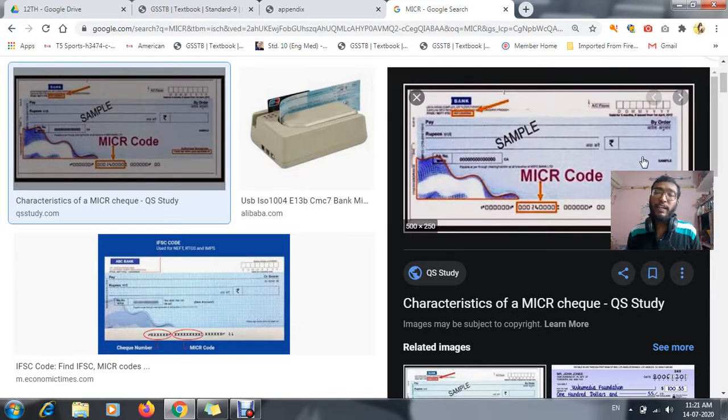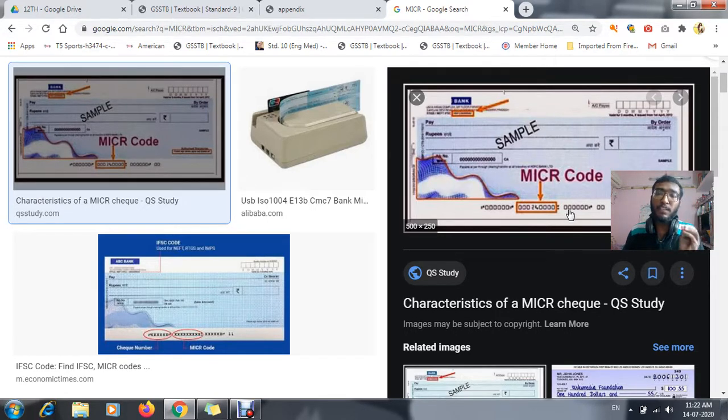After writing all these things, I will go to the bank and insert this check leaf into the particular box. At the end of the banking hours, the bank persons take it out and insert it in a machine. The machine checks from where this person has been depositing, the bank details.